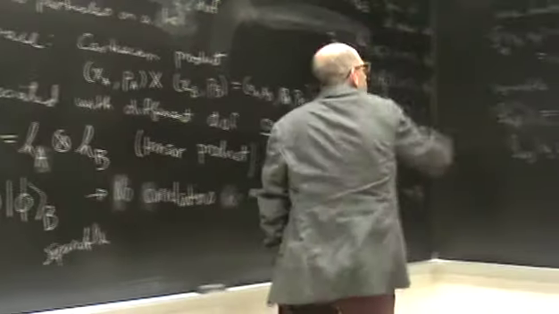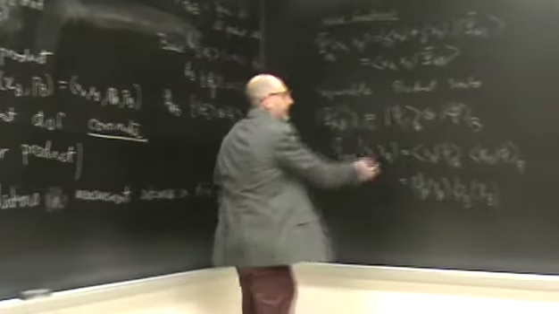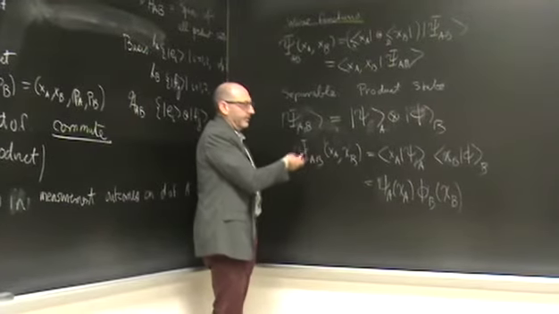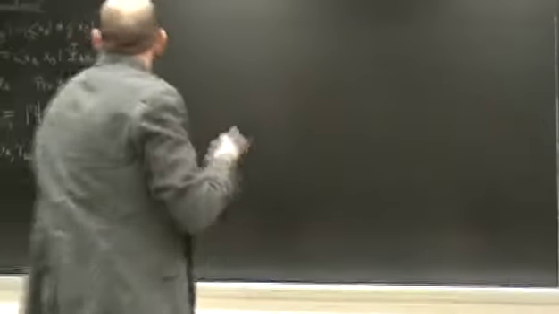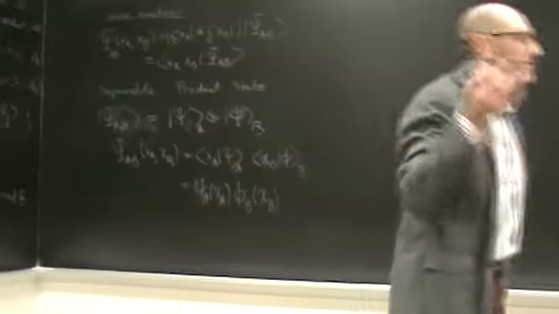Let me look at it this way as well, as if we look at this in wave function land. So suppose that this was two particles moving on a line.